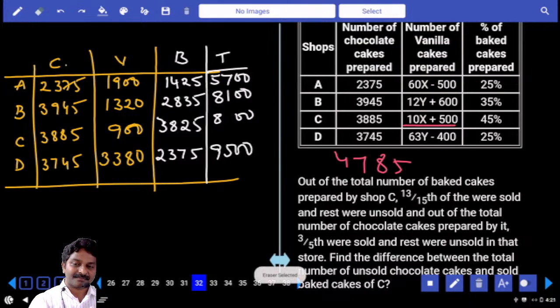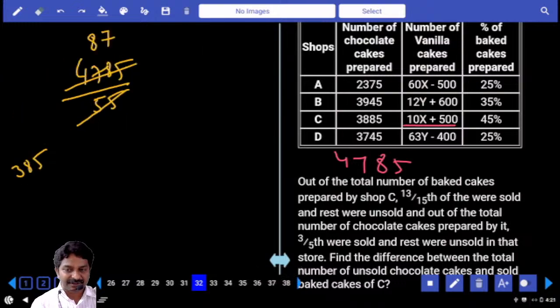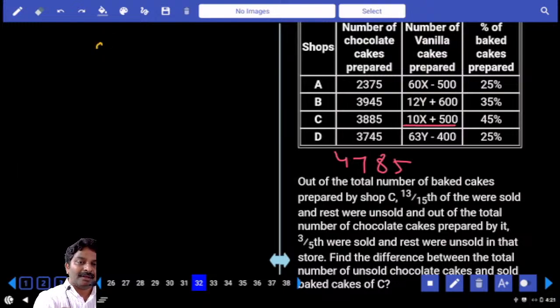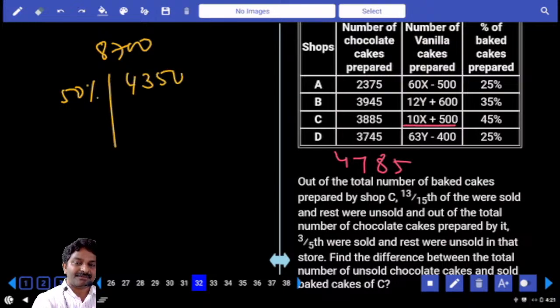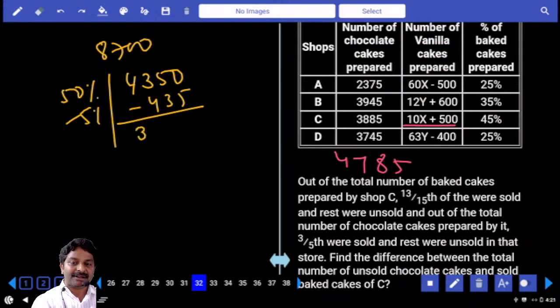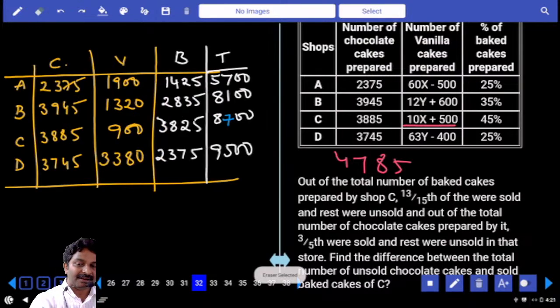Here the total is 8,700. 45% we need to calculate. Out of 8,700, 50% is 4350. 5% value is 435, which gives 3915. 3915.